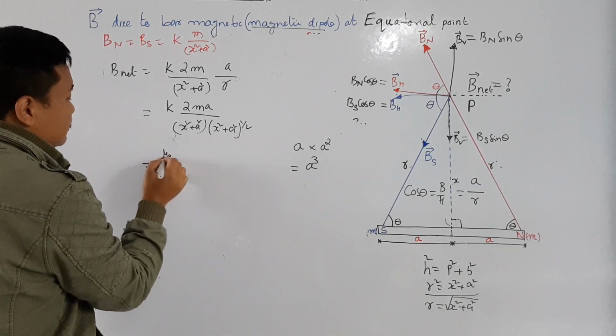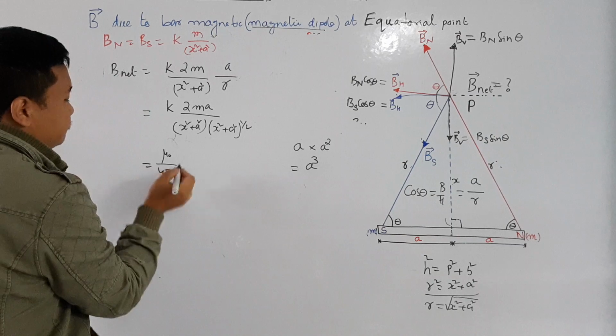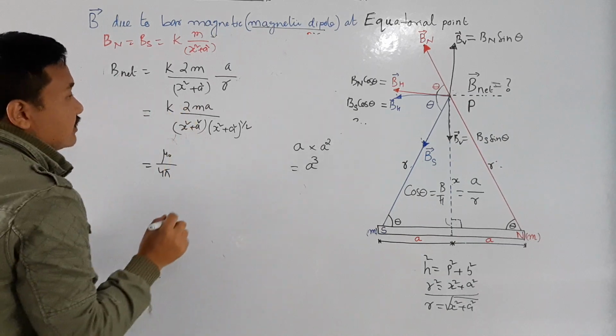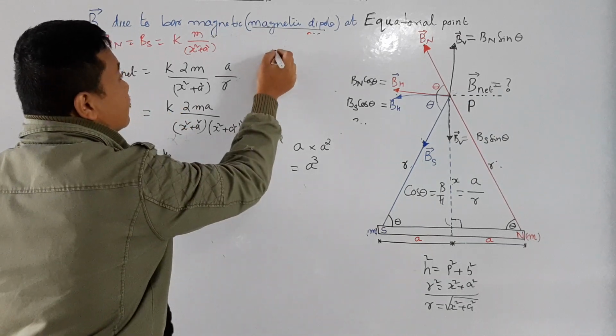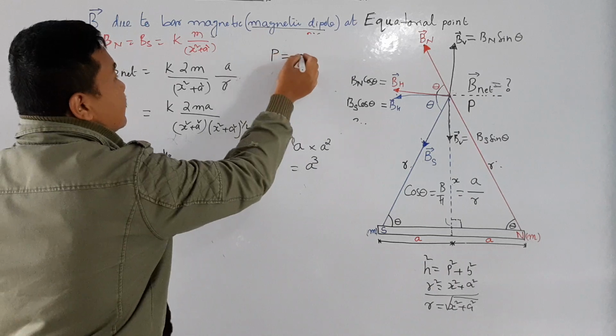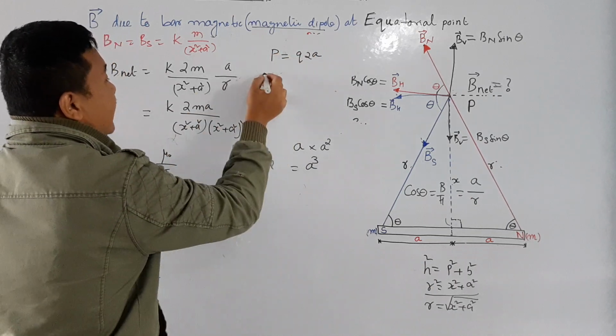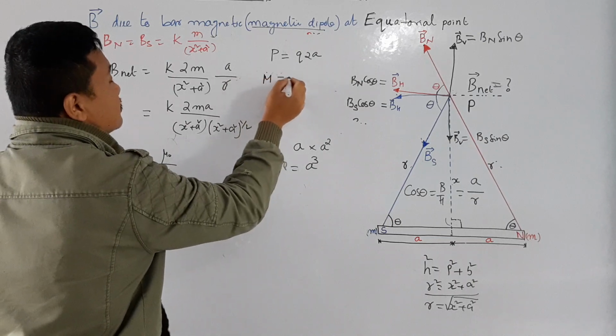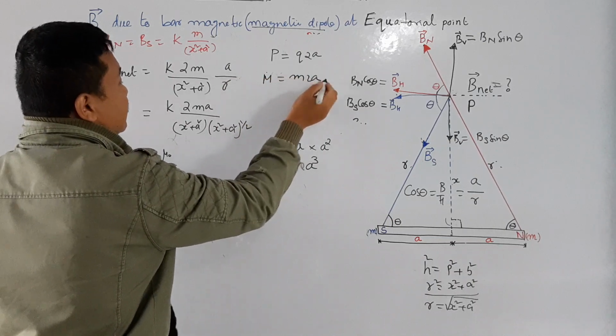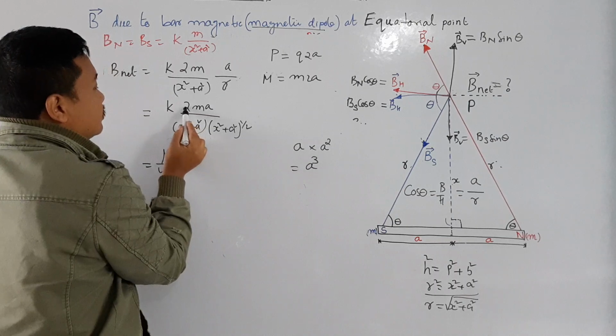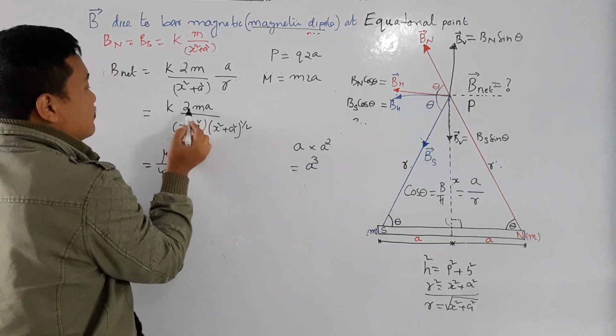This is mu naught by 4 pi, and 2ma is, you know, the electric dipole moment is Q2A, and the magnetic moment M is also M2A.